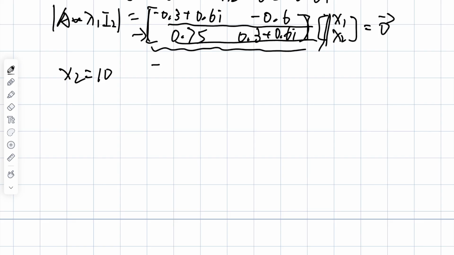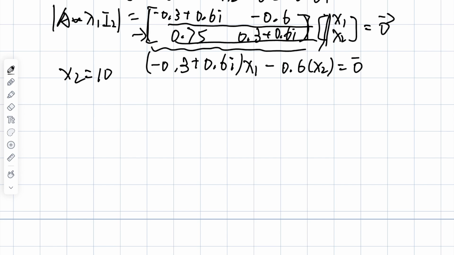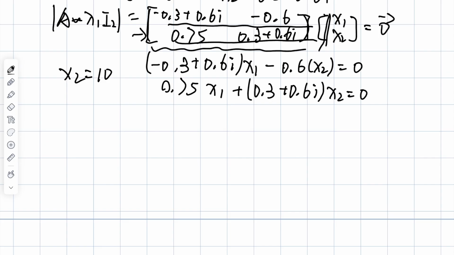Then (-0.3 plus 0.6i) times x1 minus 0.6 x2, and then 0.75 x1. When we determine x2 equals 10, we'll get x1 equals -4 plus 8i.